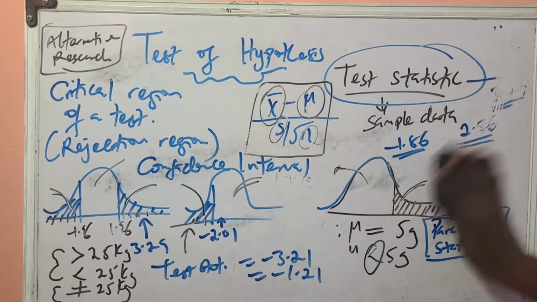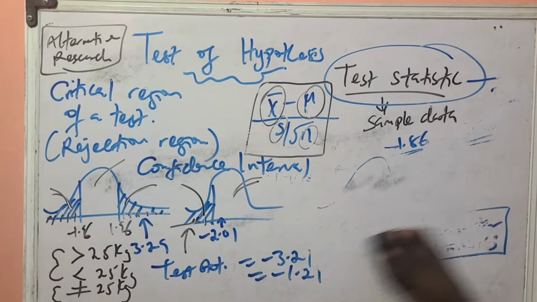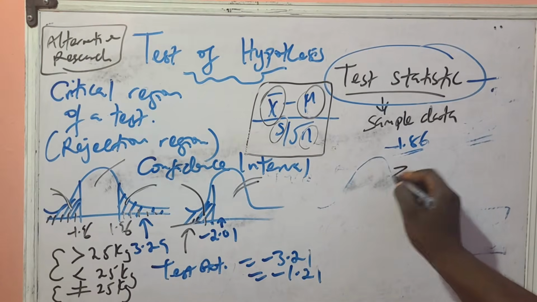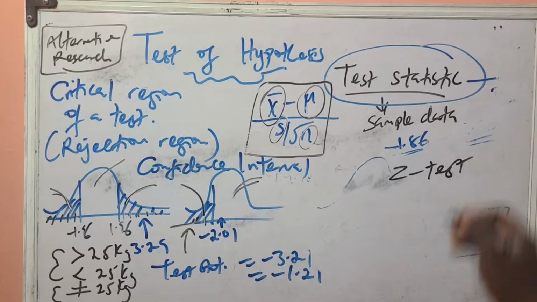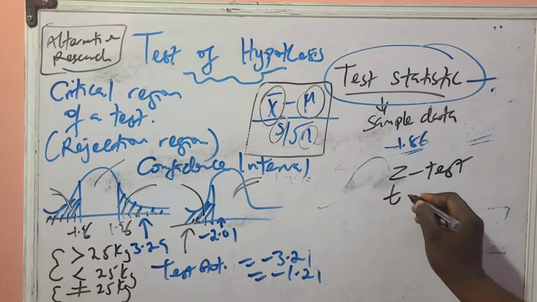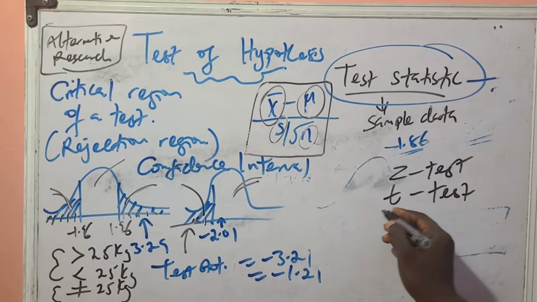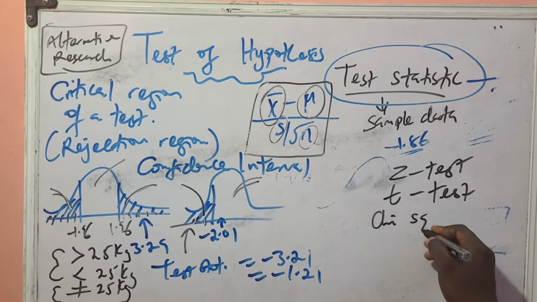But just so you know, we have a situation where we'll talk about it very soon, where we have the Z-test. We also have the student t-test, the t-test. Now, we'll also be considering the chi-square test.